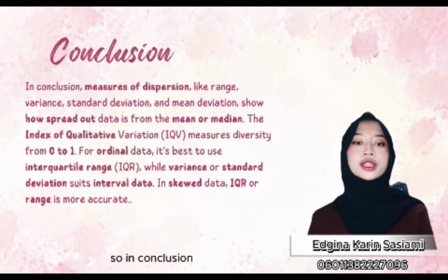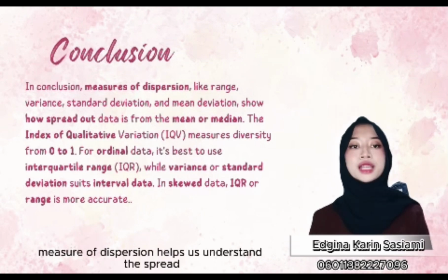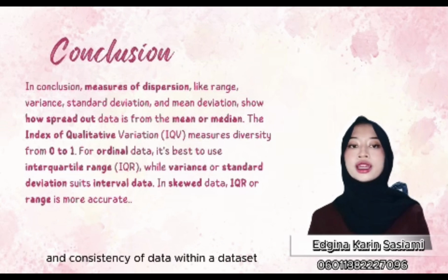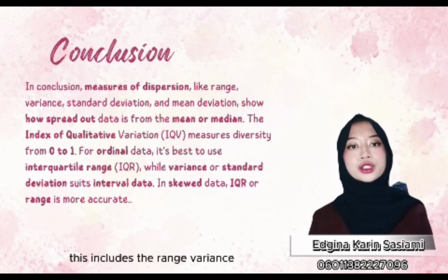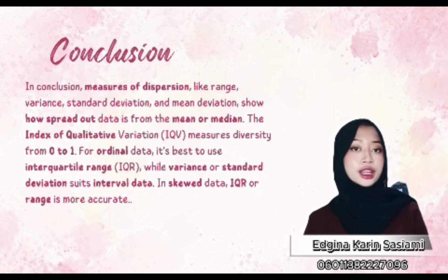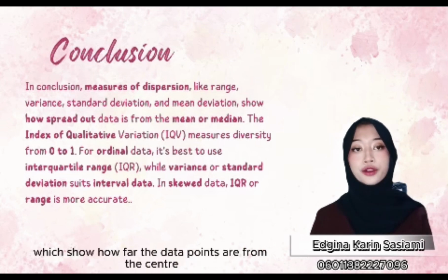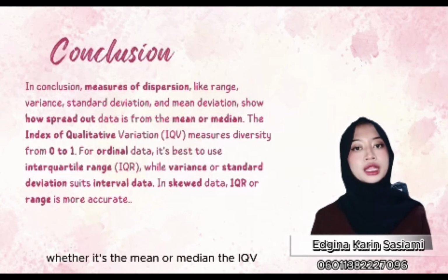So in conclusion, measures of dispersion help us understand the spread and consistency of data within a dataset. These include the range, variance, standard deviation, and mean deviation, which show how far the data points are from the center, whether it's the mean or median.